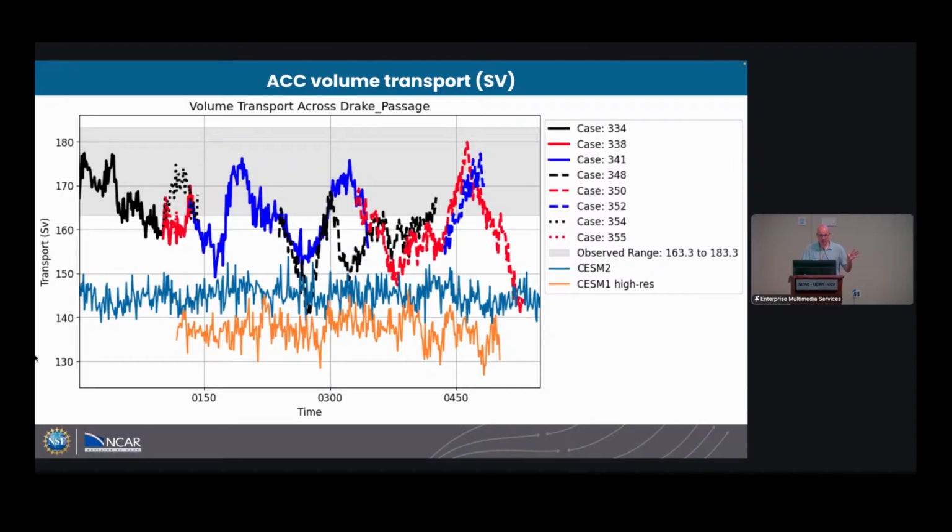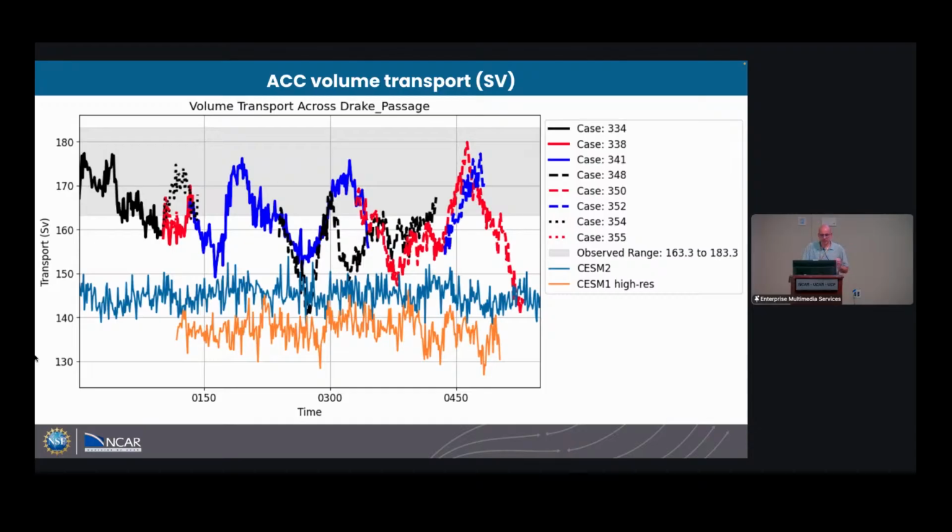Right now, in the middle of the time series, the oscillations have about 20 Sverdrups in amplitude, which we don't see in many products. The observed estimate, unfortunately, you cannot see because of the color, but it's between 163 and 183. So it's within that observed range, but it is oscillating quite dramatically within a 50 to 60 year period.